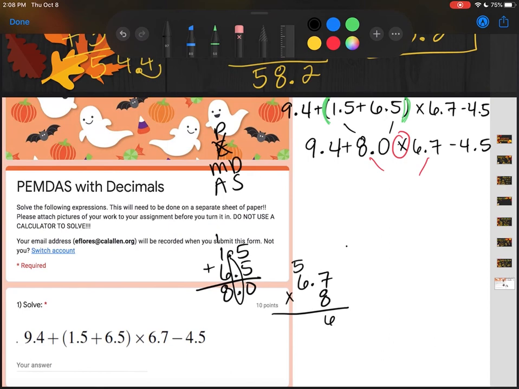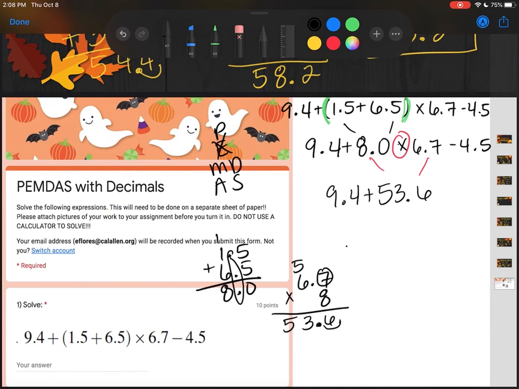Carry the 5. 8 times 6 is 48. Plus 5 is 53. I have one number to the right of my decimal, so I scoot my decimal over one space and end up with 53.6. So my 8 times 6.7 is 53.6.